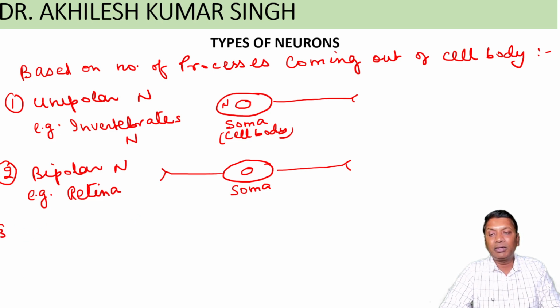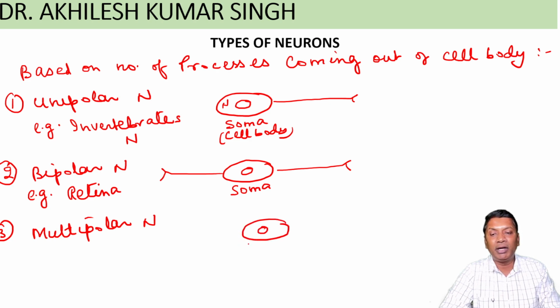Then the third type of neurons are the multipolar neurons. Multipolar neurons means many processes will come out from the cell body. Suppose this is the cell body or the soma. From the soma, many processes are coming out. So this is an example of the multipolar neurons.